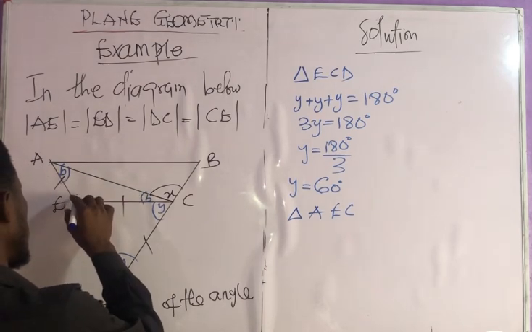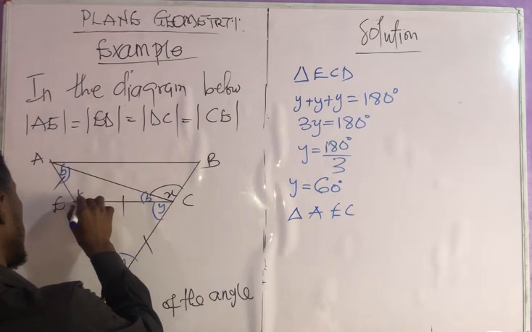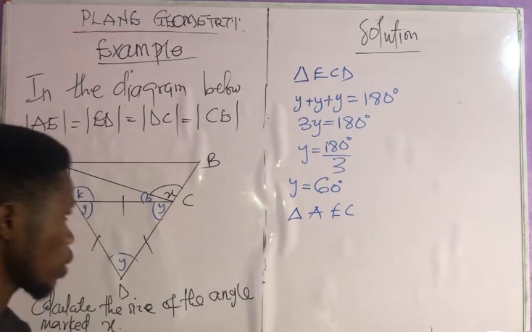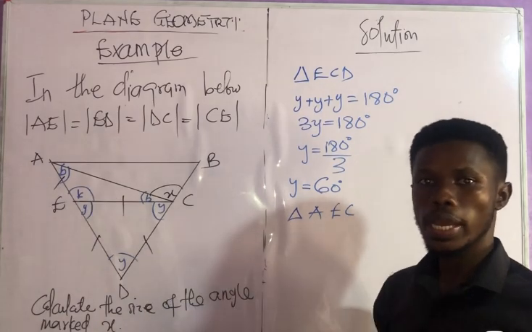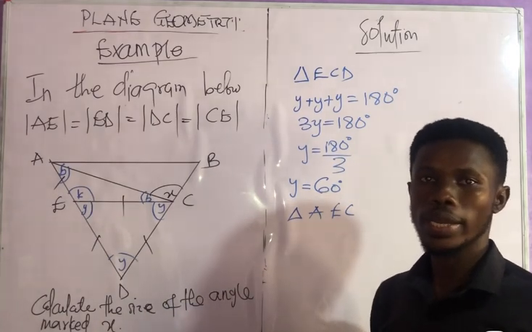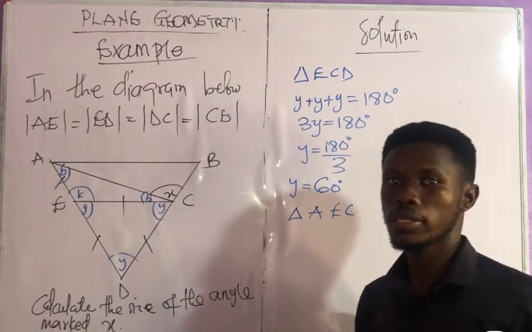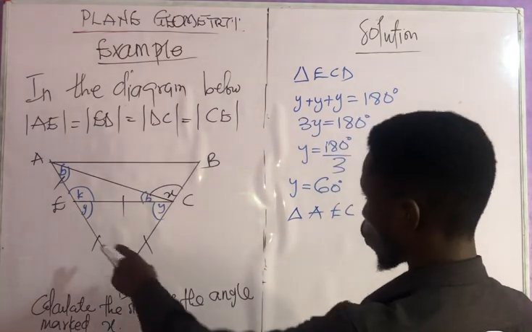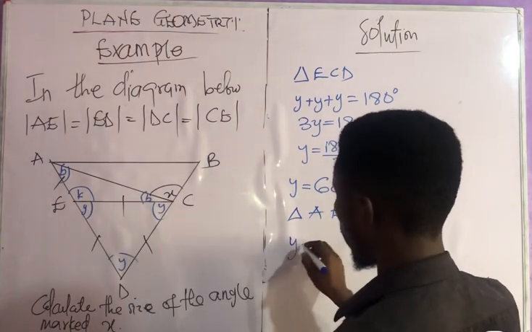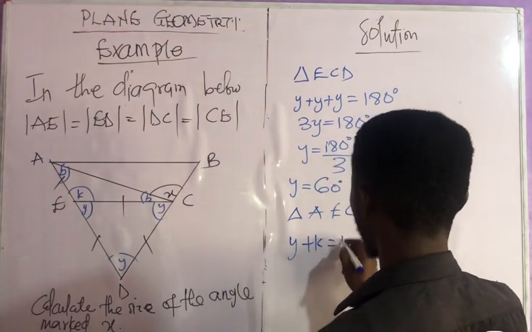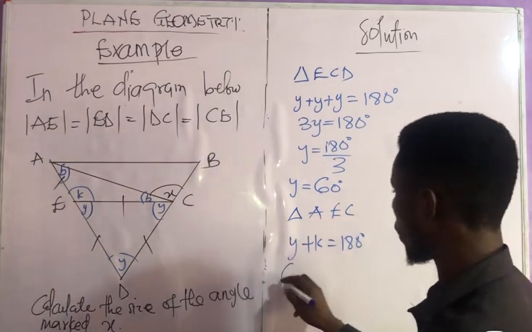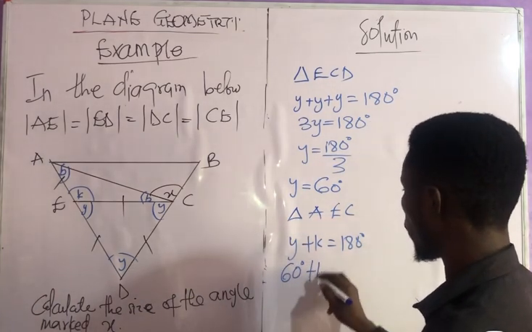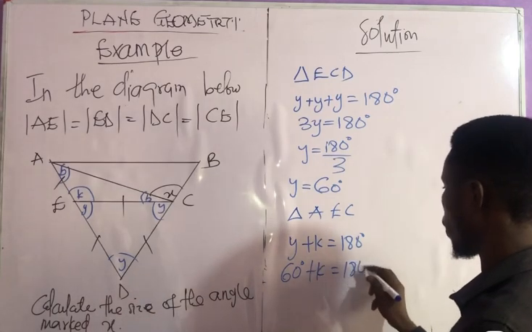So let me represent this side by K. I know that Y and K are on a straight line, and angles on a straight line sum up to what? 180 degrees. So considering Y and K, which is 180 degrees, already we know our Y to be 60 degrees plus K is equals 180 degrees.